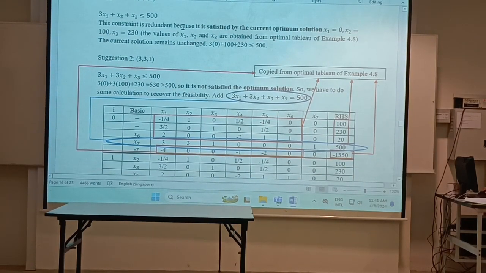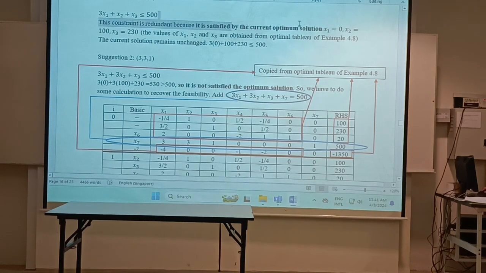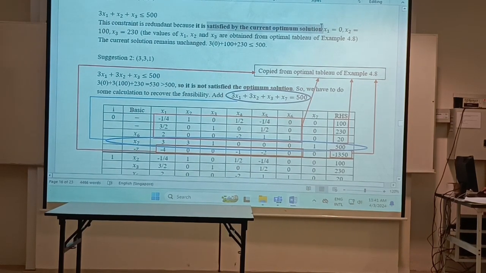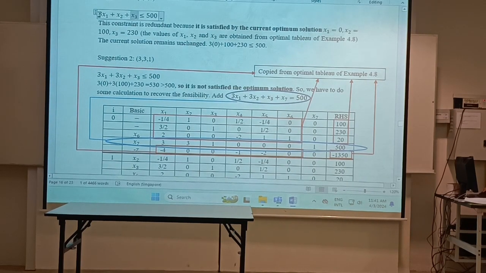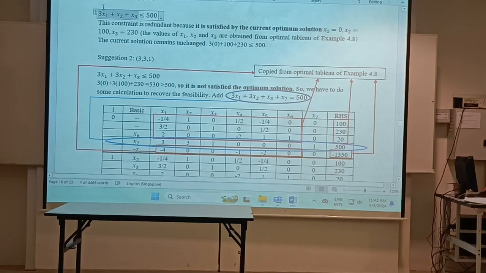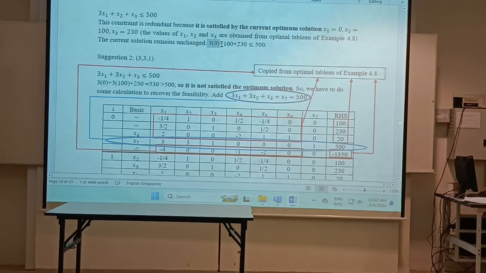This constraint is redundant because it is satisfied by the current optimal solution. Why do you say that? You can try it out by substituting x1, x2, and x3 inside here. See whether your left hand side is less than or equal to 500 or not. You will get 3 multiplied with 0 plus 100 plus 230.